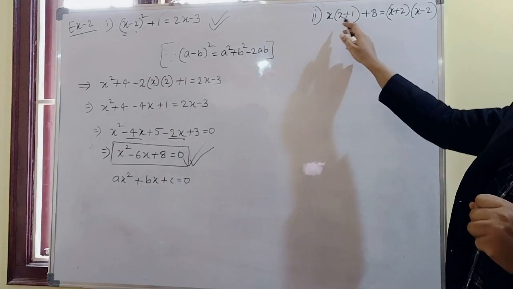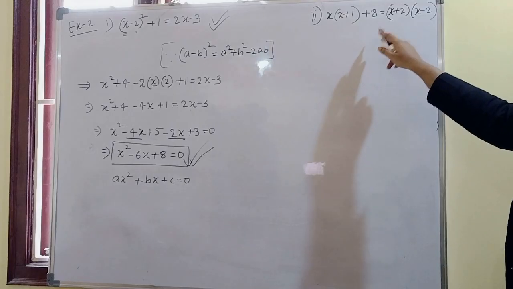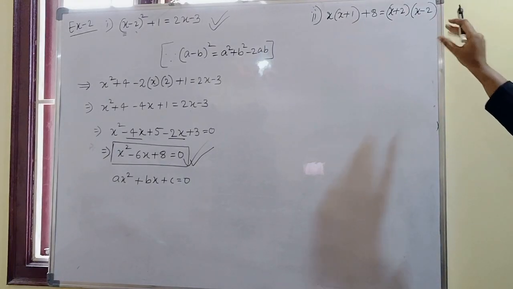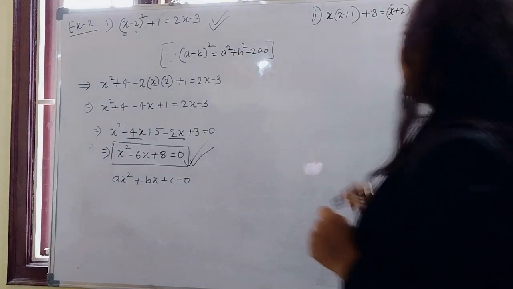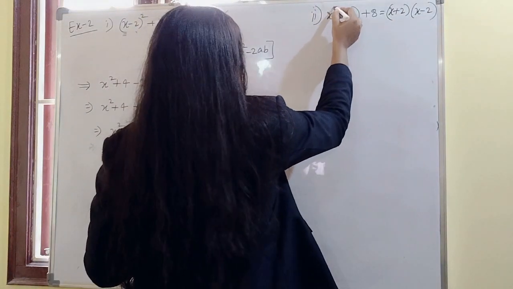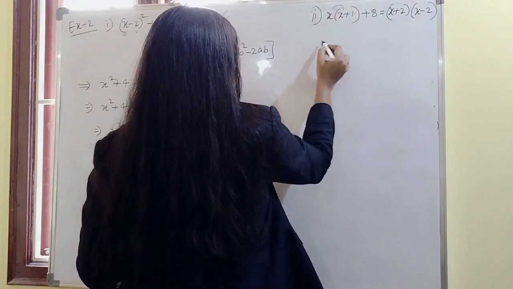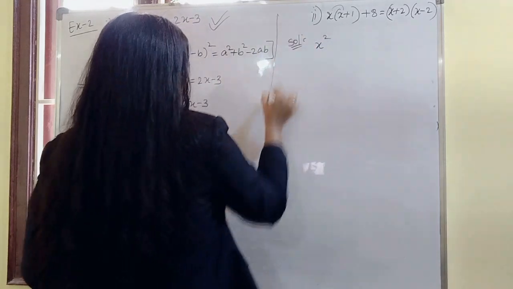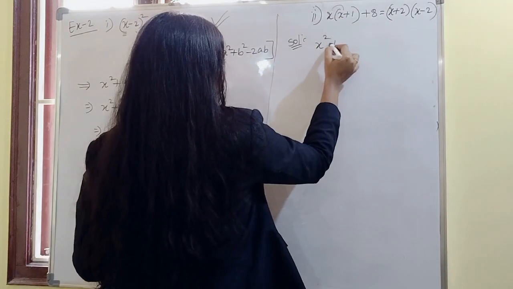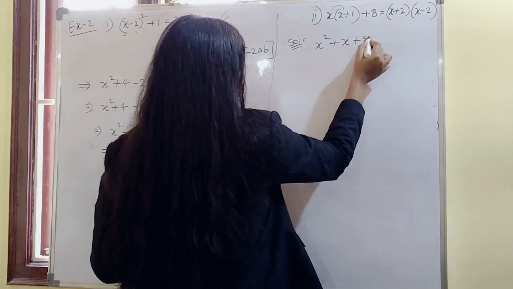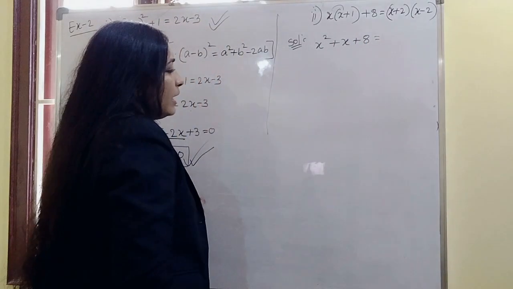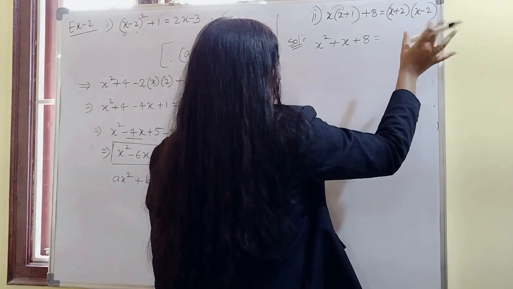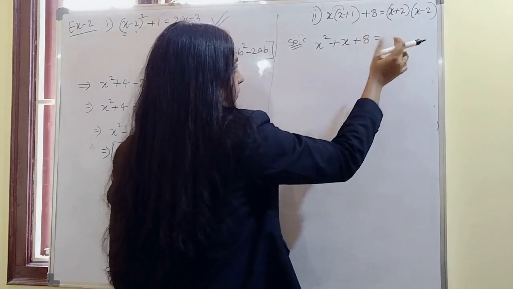Okay, x into x plus 1 plus 8 is equal to x plus 2 into x minus 2. This is the given expression. So let us solve it. You multiply x into x, x square, and x into 1, plus x, plus 8 is equal to. Instead of multiplying each and every term, here you apply a simple formula.